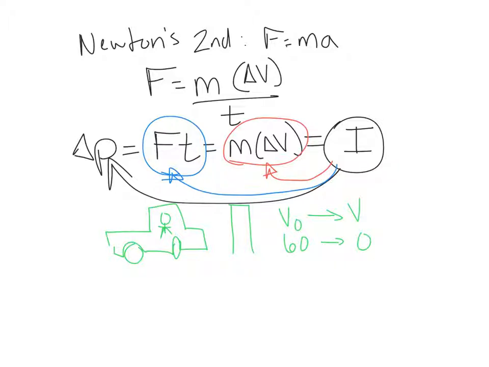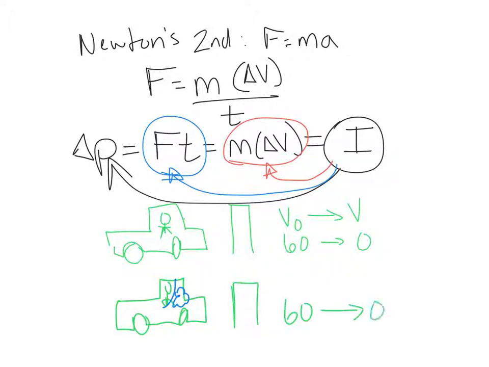So if I'm in a car that has no airbag versus being in that same vehicle going the same speed, but this time I have a seat belt to hold me in and I have an airbag to cushion me when I hit this wall, I'm still going to go from 60 meters per second to 0 meters per second. So my change in velocity is the same for both occurrences.